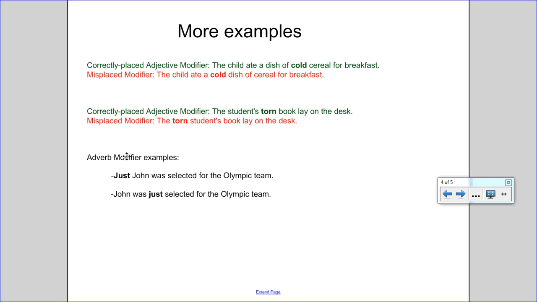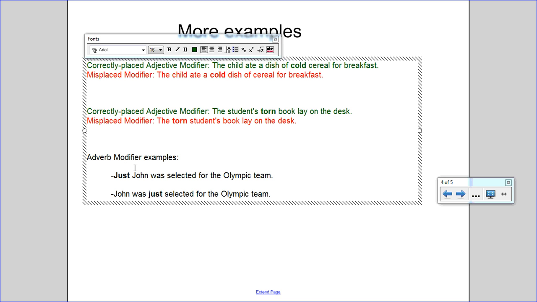Now, when we get down to adverbs, adverbs are a little bit of a different subject because, depending on what you want to say, both of these examples could be correct. So if we look at the first example, it says, just John was selected to the Olympic team. So in this sentence, it's meaning only John.